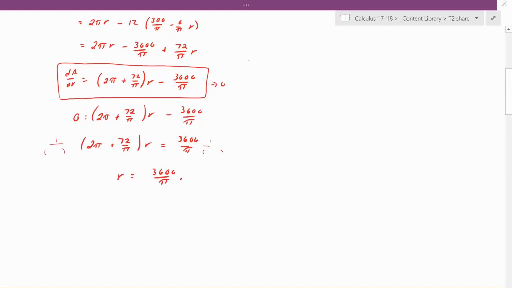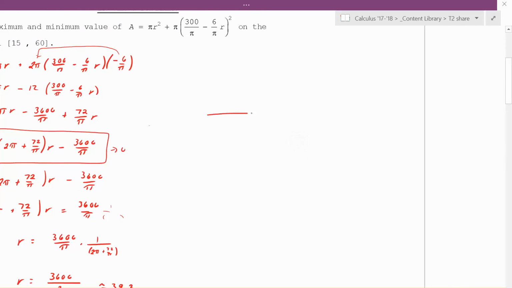So I'd have times 1 over 2 pi plus 72 over pi, which gives me r is equal to, this is ugly, 3600 over 2 pi squared plus 72, which is approximately 39.3.